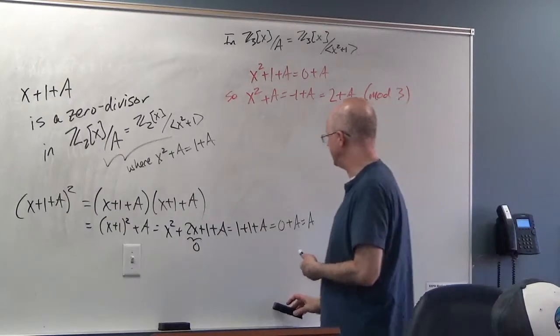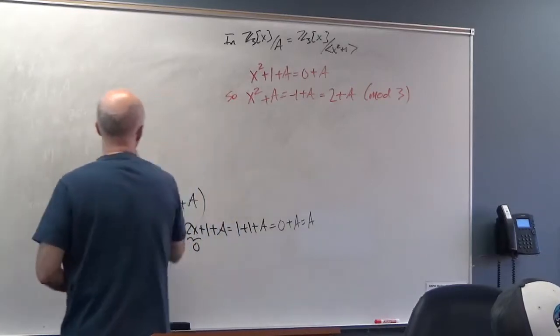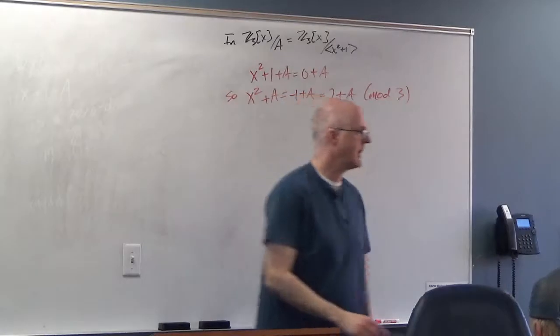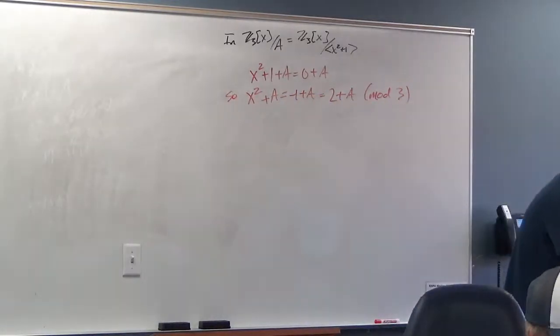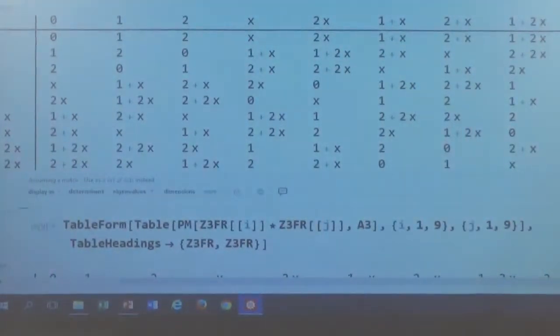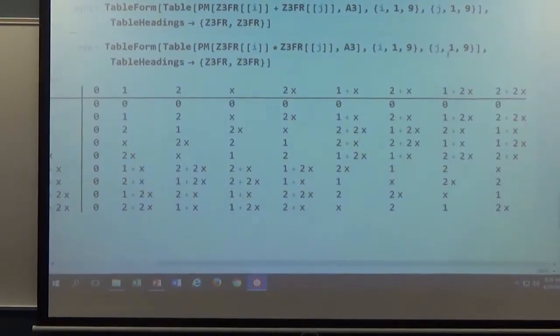And so, for example, we could do a calculation in that ring. Let's try to confirm something in the multiplication table there. Here was the multiplication table. This is the addition table, by the way, which is a Cayley table. Technically speaking, the multiplication table is still not a Cayley table because we have all the zeros in there.